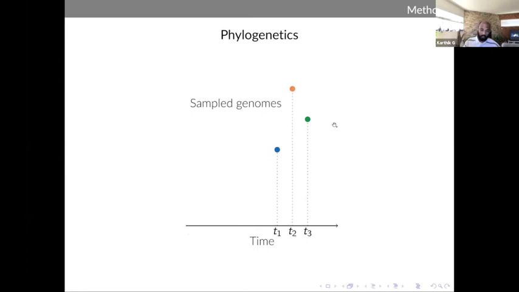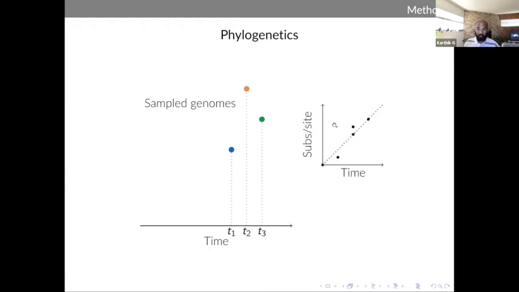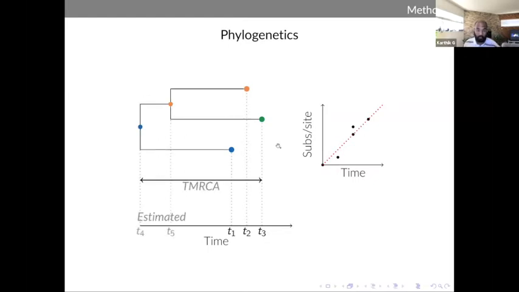As you all very well know, as RNA viruses replicate, they accumulate mutations due to the error-prone replication process, and they accumulate these mutations in a clock-like manner. Using the timestamp on the genomic information, you can estimate that clock rate and use that information to then estimate how long it would have taken for different genomes to diverge from each other.